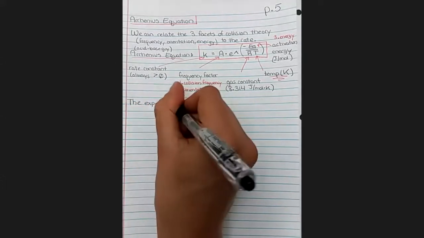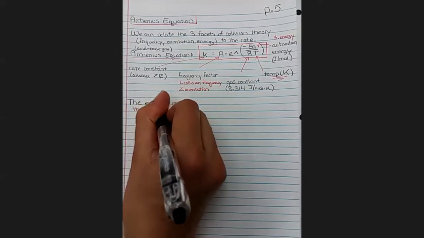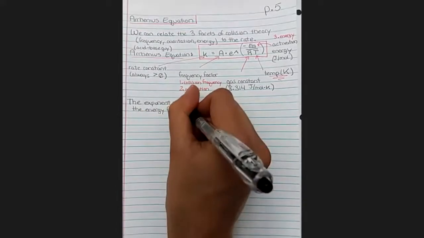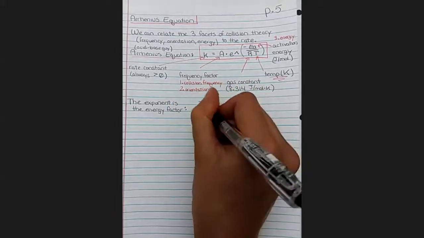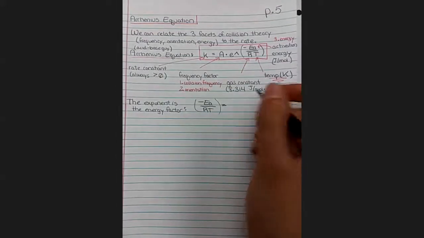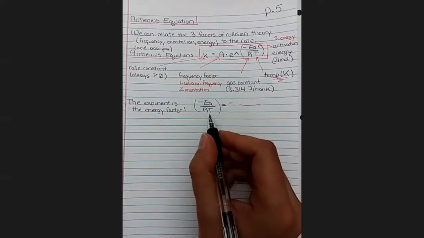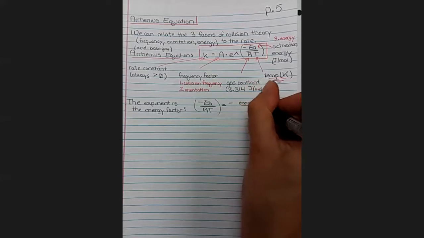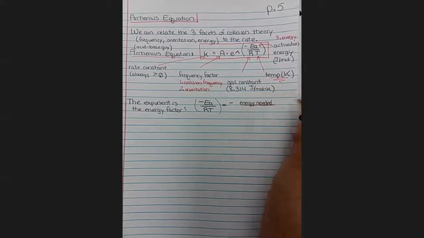So this exponent is called the energy factor because both the numerator and the denominator tell us about energy. So it's a negative activation energy over RT. So there's a negative sign. And the activation energy on the top, that represents the amount of energy that's needed to do the process. It's the minimum amount of energy that we can have for the reaction to proceed in the forward direction.